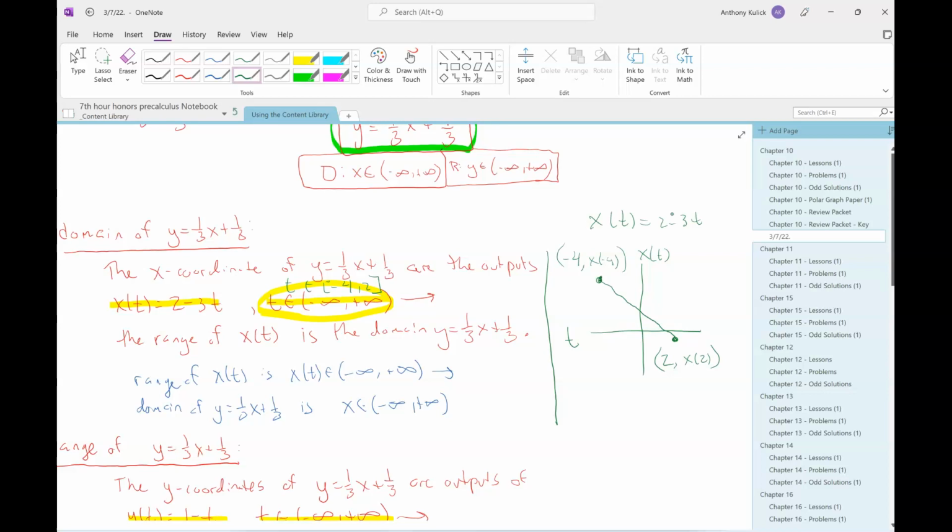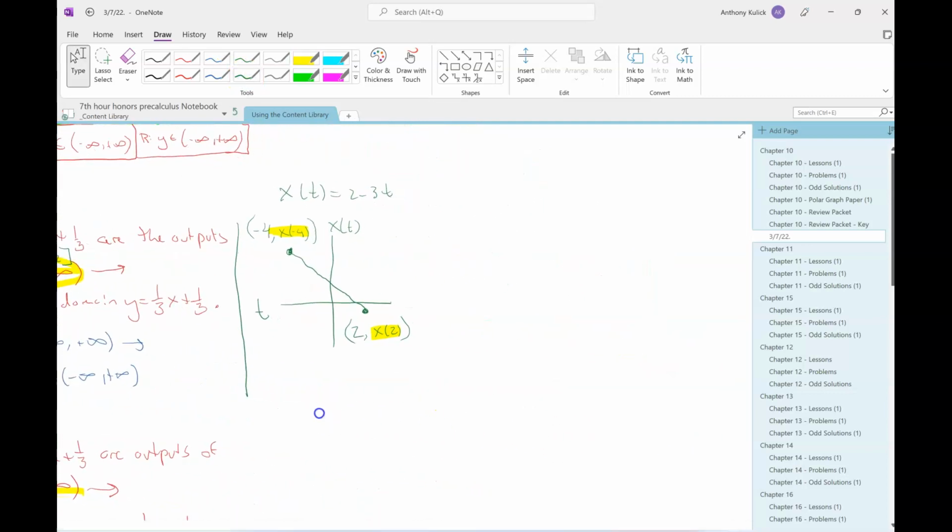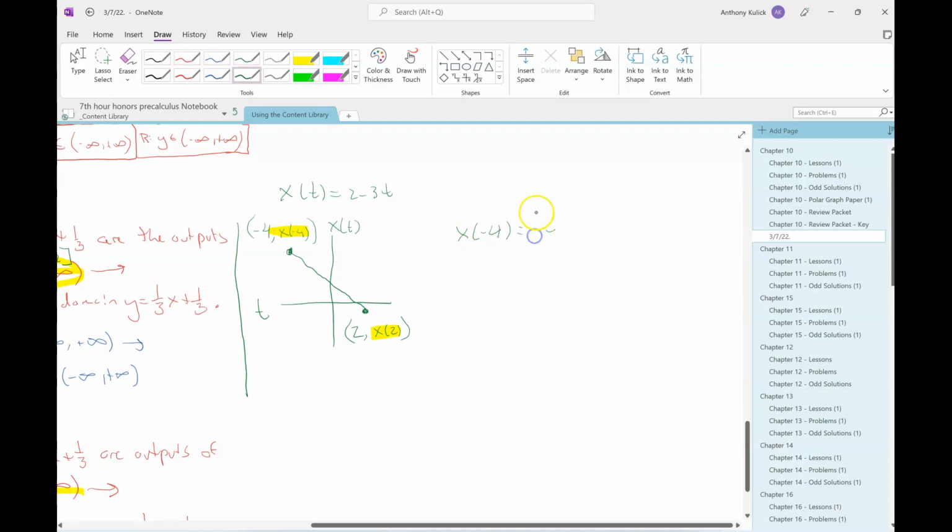Is everybody okay with the picture that I've drawn here, what we're representing? So what we have here is a line segment, right? That's our equation x of t representing a line segment now. So if I want the range of this, basically I just need the minimum y value to the maximum y value. 2 minus 3.